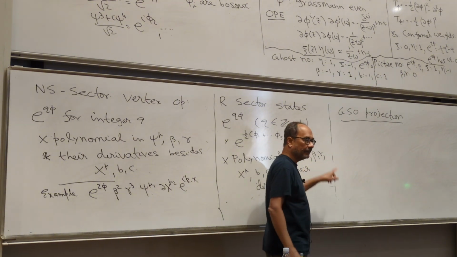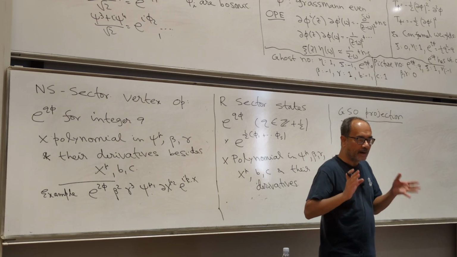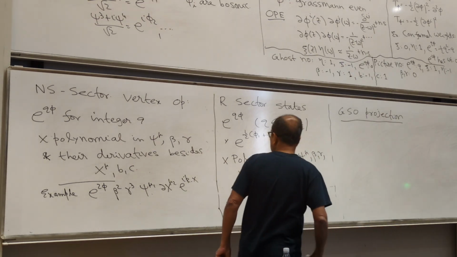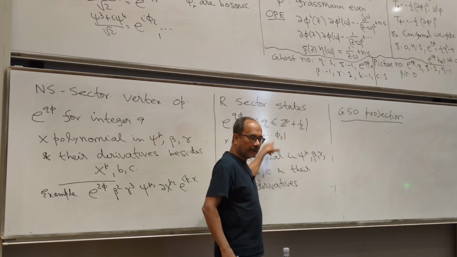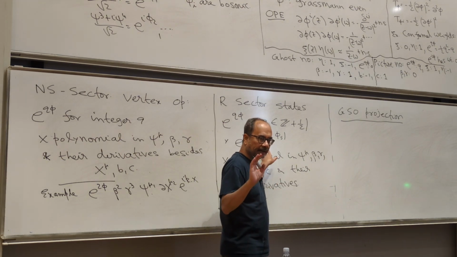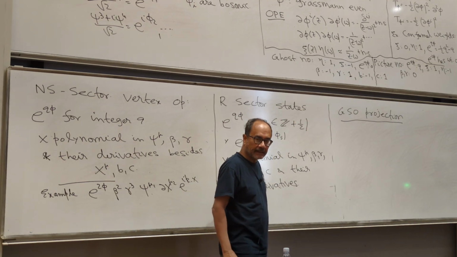It changes the sign of psi beta gamma. Okay. So the only ambiguous part, which I have not specified yet, is how it acts on e to the q phi, or how it acts on this. If I tell you how it acts on this and this, then the Z2 transformation becomes clear, right? Because everything else you can derive from the fact that psi beta gamma changes sign under Z2.